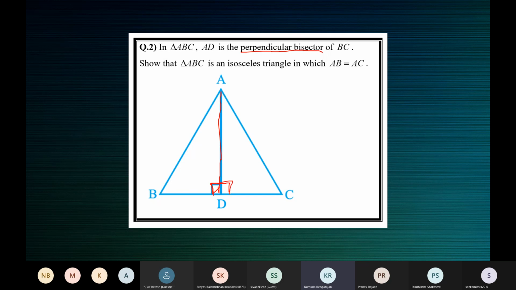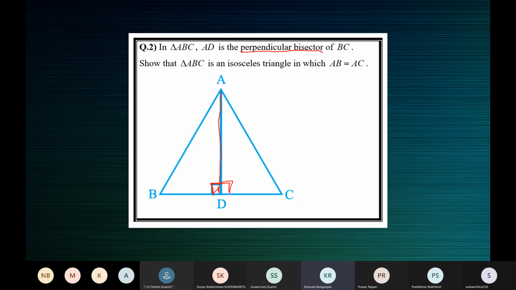That is, angle ADB is 90, angle ADC is 90. Now AD bisects BC. BC is a line segment. It bisects the line segment. That means D is the midpoint. That means BD is equal to CD.